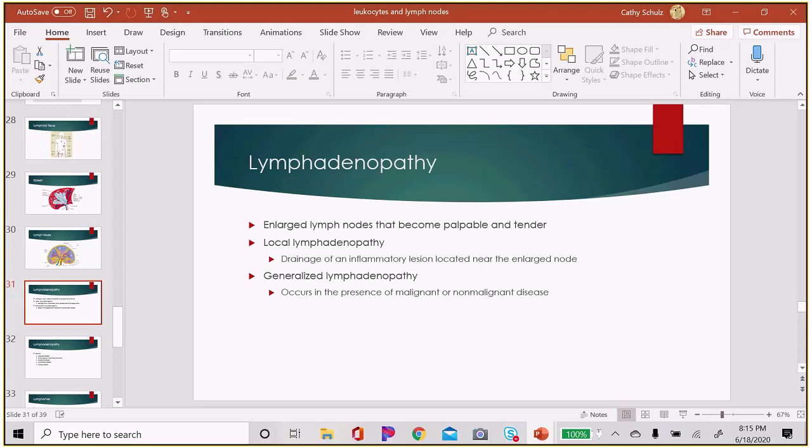I think that was one of our case study questions, or will be a case study question: why would a lymph node become enlarged in the setting of infection and inflammation?